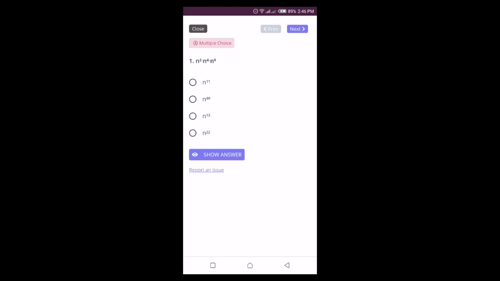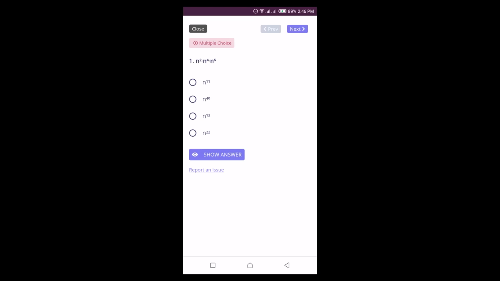Question number one is n square multiplied by n raised to the power 4, and I hope you have a page and pen as well. Yep. Okay, so can you answer from these four options? You can easily identify which kind of rule has been applied on this question.